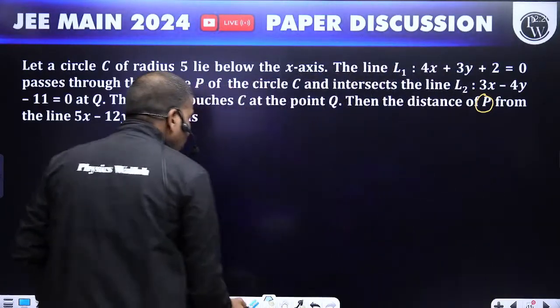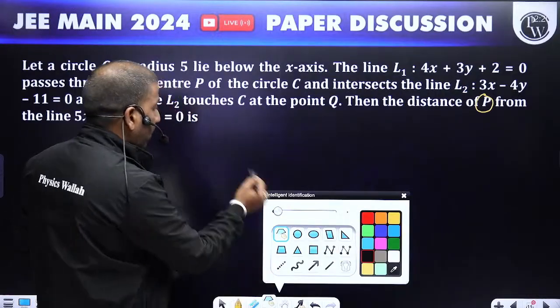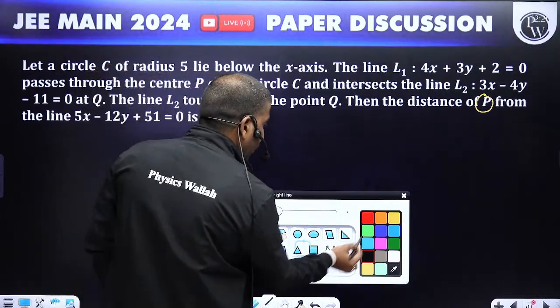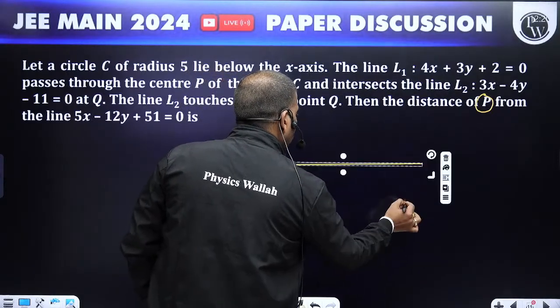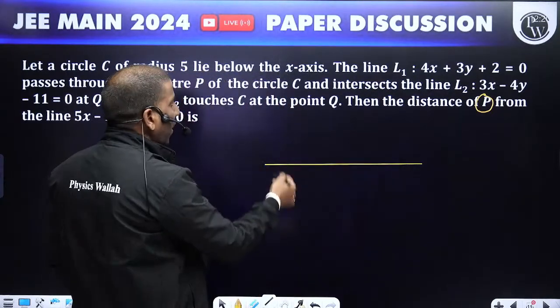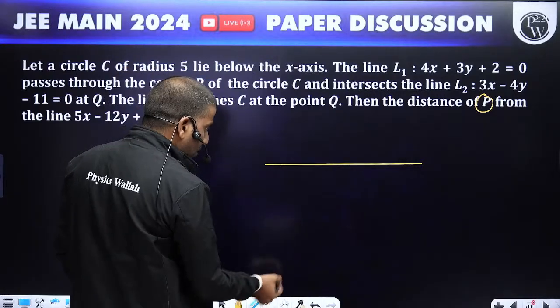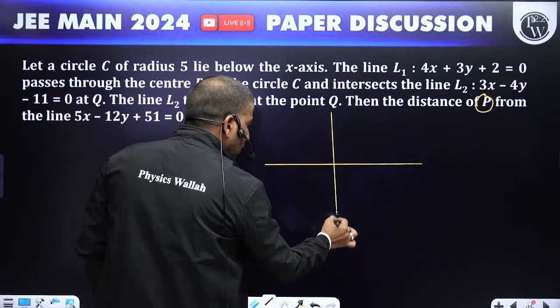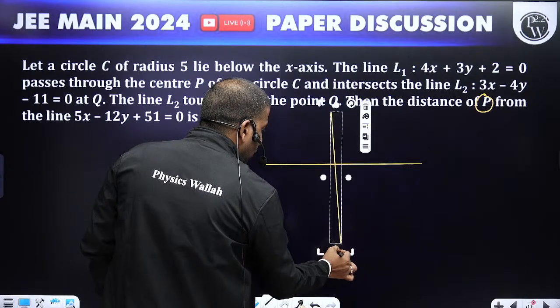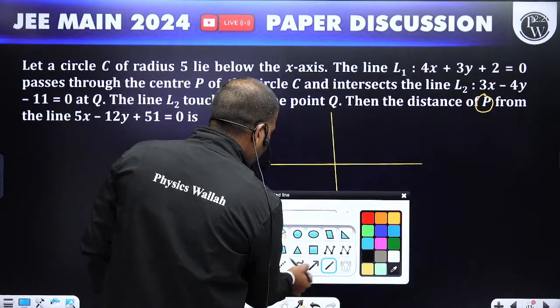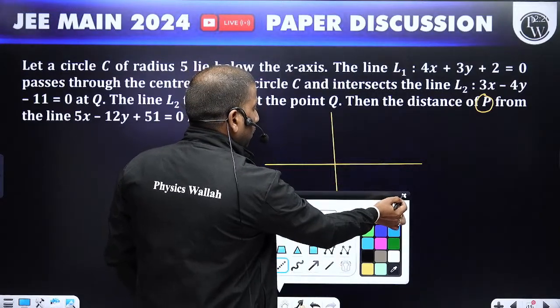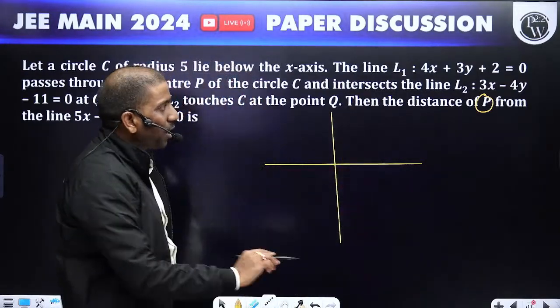Coming to this point, circle. Let us take the x-axis. I will not take the y-axis, to avoid unnecessary confusion. And what is the line here? 4x plus 3y plus 2.